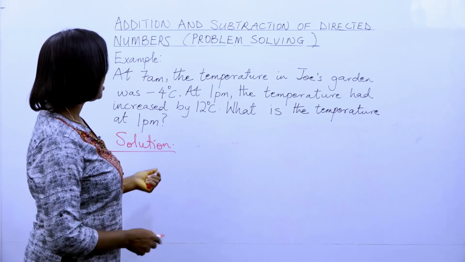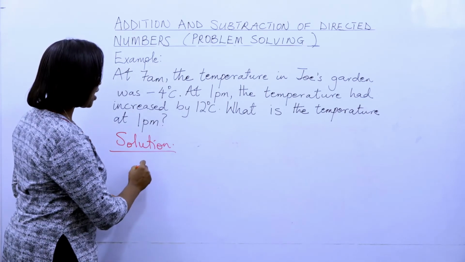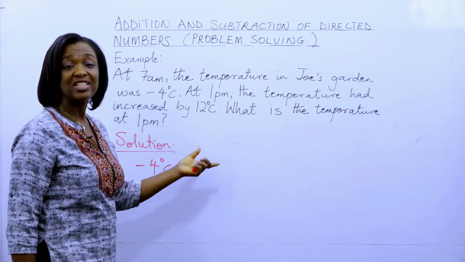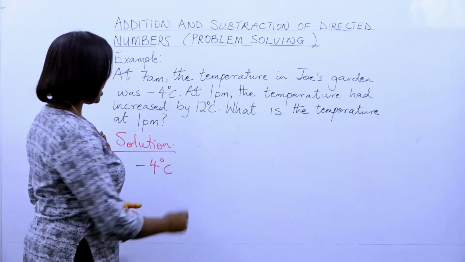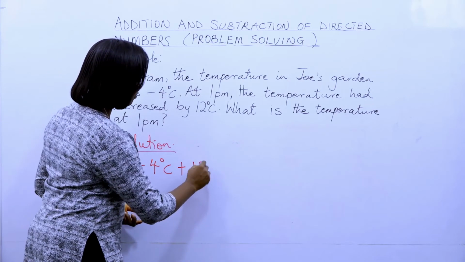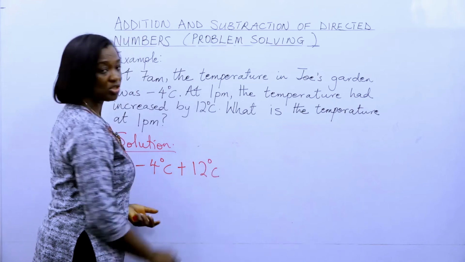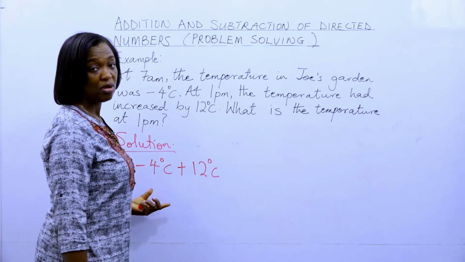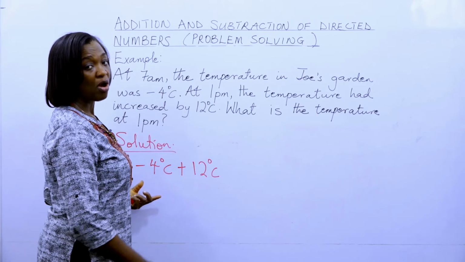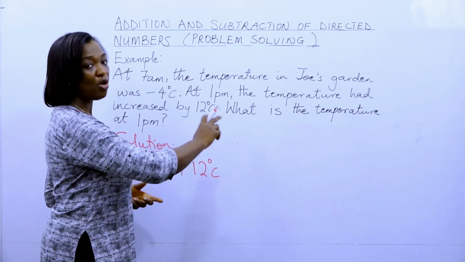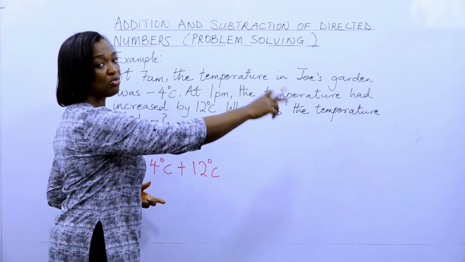So to set out this, we have minus 4 degrees Celsius. Since it has increased, then that is addition, plus 12 degrees Celsius. So if you're adding 12 to minus 4, that means on a number line, you are moving from minus 4 to the right.